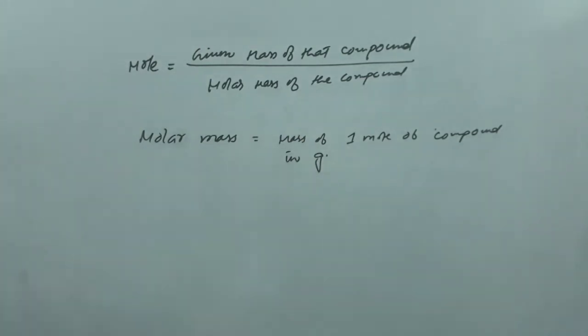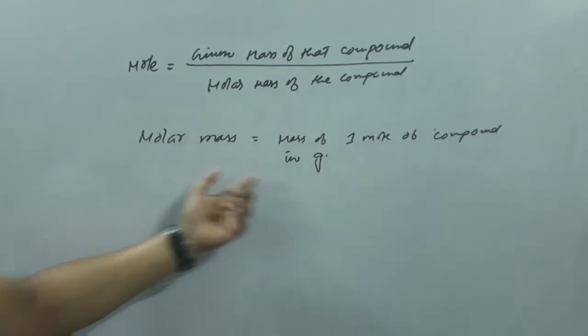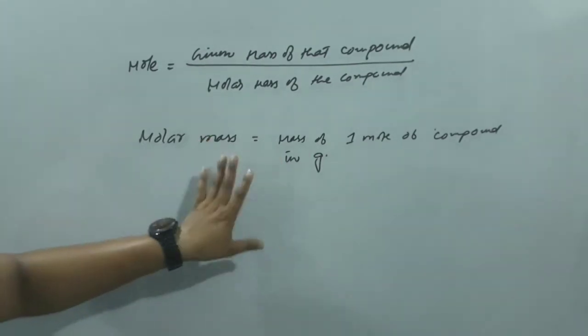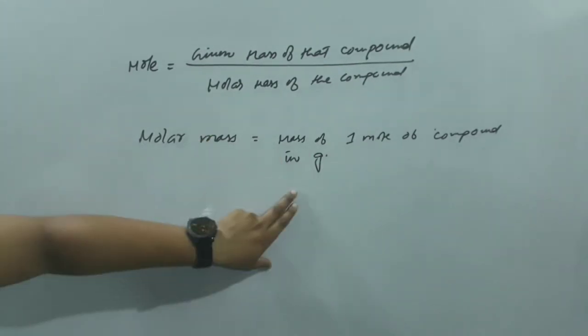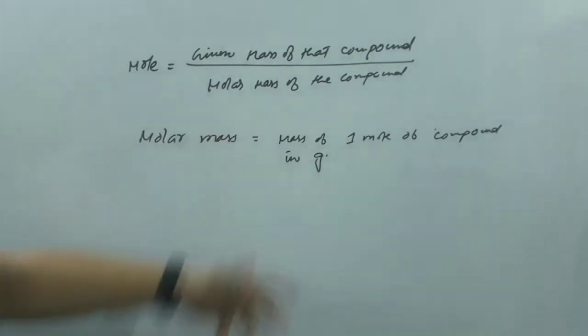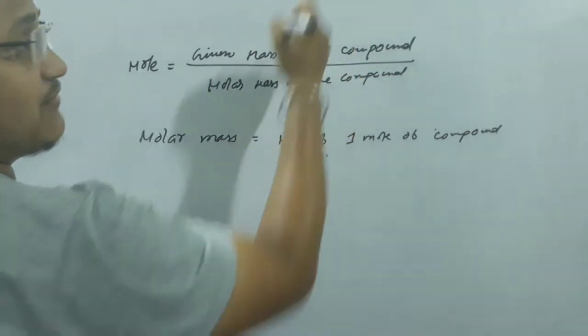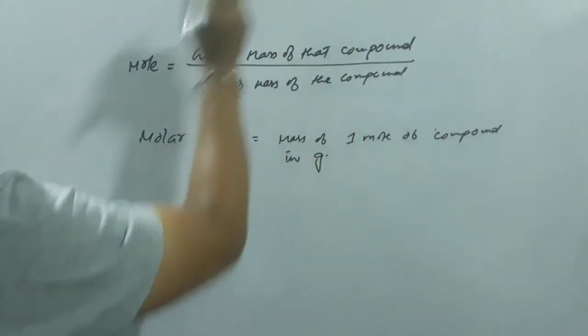And the molar mass in gram is numerically equal to the formula mass, atomic mass or molecular mass in U unit, meaning unified mass, or AMU.